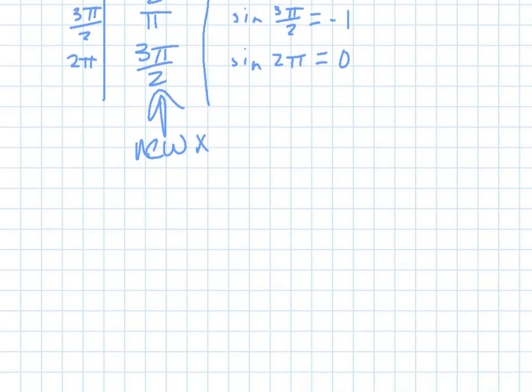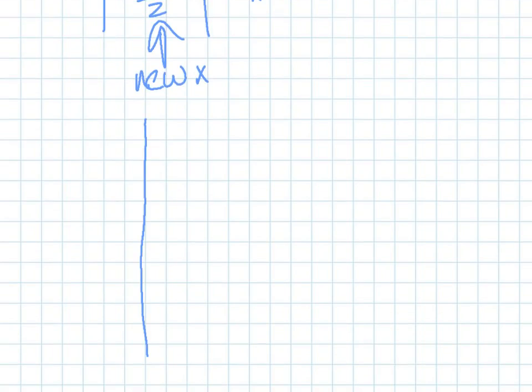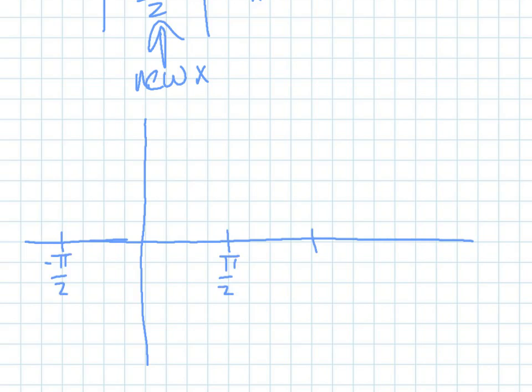These are the x values that I graph. On my graph, it'll look a little different than what I had before. Here I'll start with 0, and then I go up 1, and then pi over 2, and then pi, and 3 pi over 2.